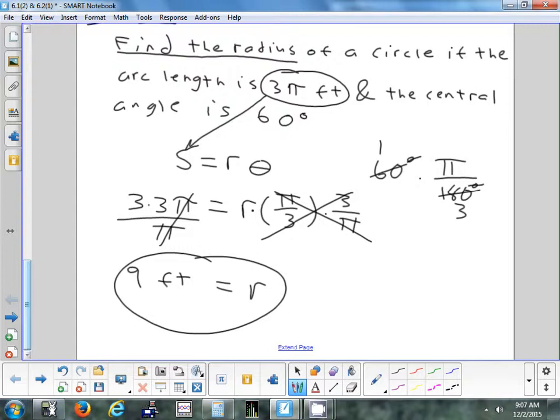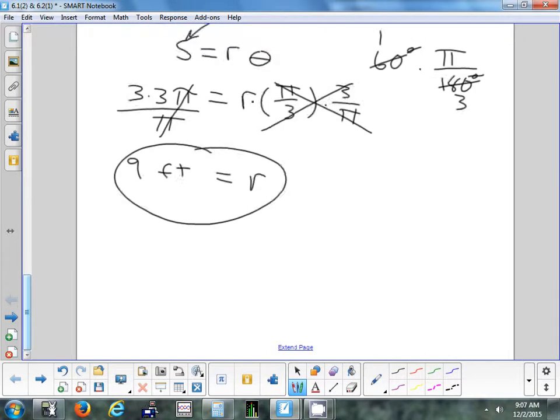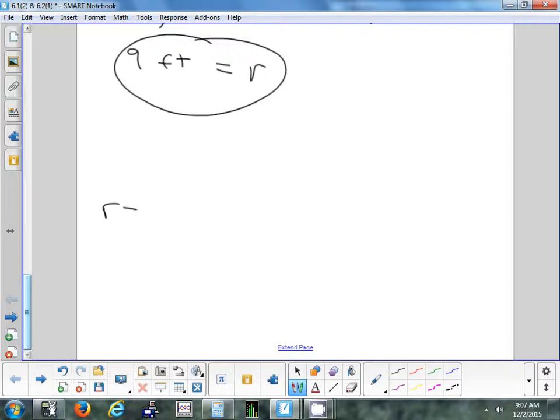All right, anybody need me to go through the third type of problem you could have? That's where you'd be solving for the angle. So if you had one where you're solving for the angle, I just have to make one up. It'd say something like the radius is 6 inches.